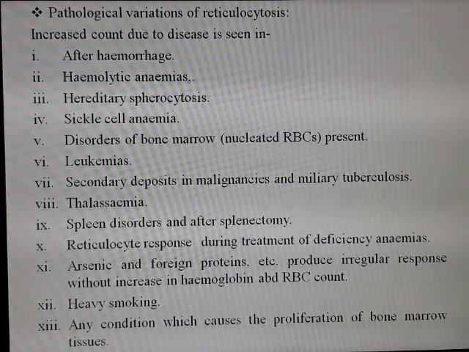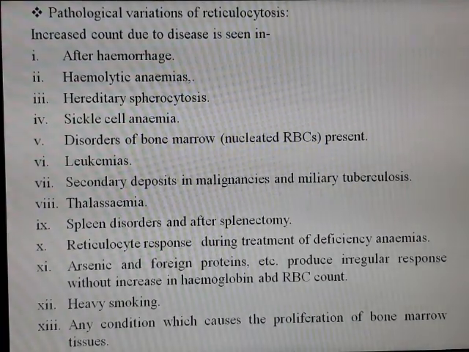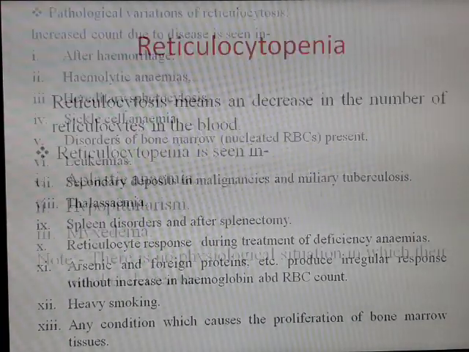Also reticulocyte response during treatment of deficiency anemias. We will discuss it. Arsenic and foreign proteins also produce an irregular response without increase in hemoglobin and RBC count. Heavy smoking also induces reticulocytosis in a pathologic manner, according to some studies. Also, any condition which causes proliferation of bone marrow tissues can cause a pathological increase of reticulocytes.